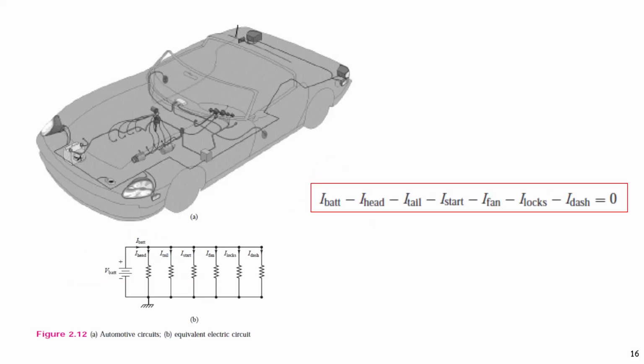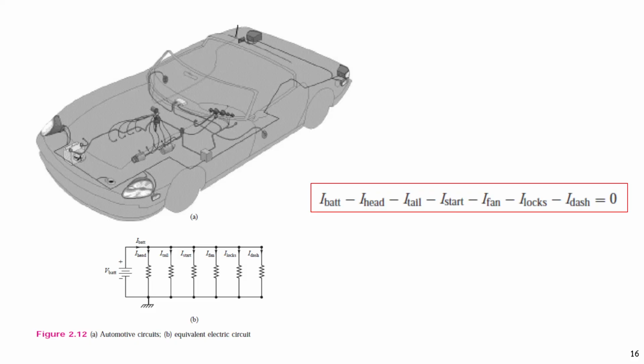This is an example if we have to supply the current to many parts of our system. For example, the car electric system, the current from the battery will equal the current supplied to all the parts.